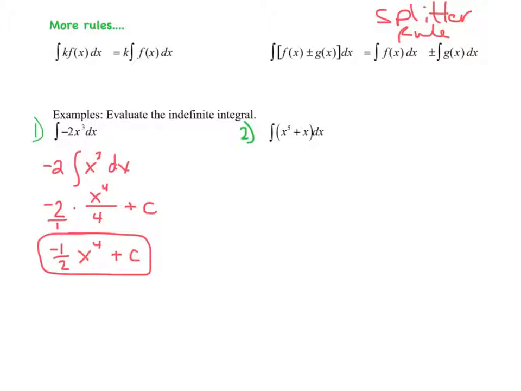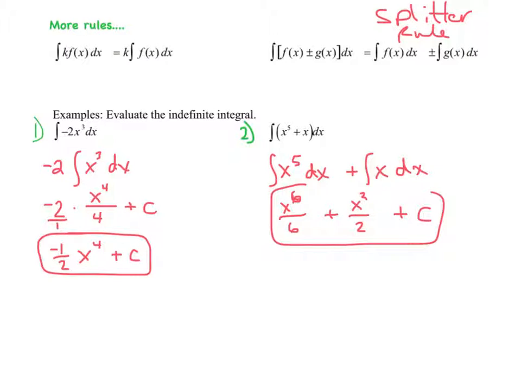So, for example here, if you're doing the integral of x to the fifth plus x dx, well, all this rule is telling me is that I can take the integral of x to the fifth dx plus the integral of x dx. And so my answer would be x to the sixth divided by 6 plus x squared divided by 2, and then your plus c at the very end. And so that is our answer.